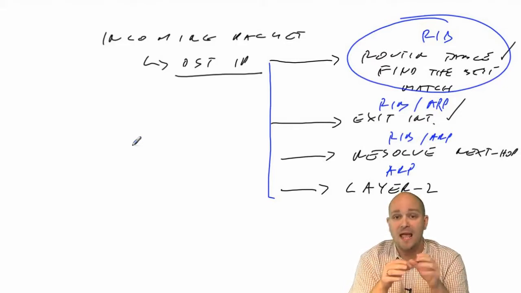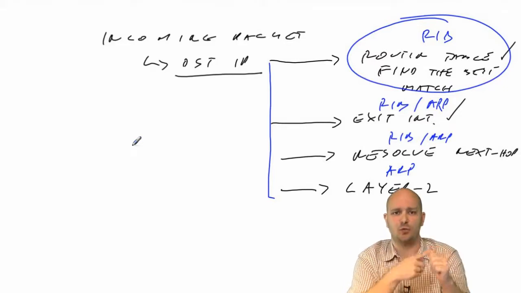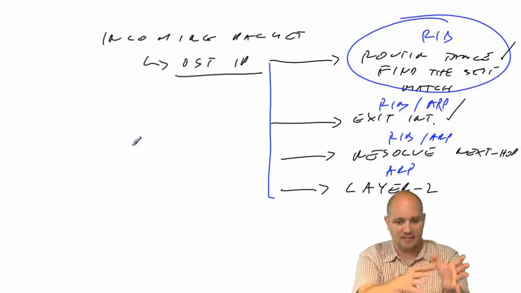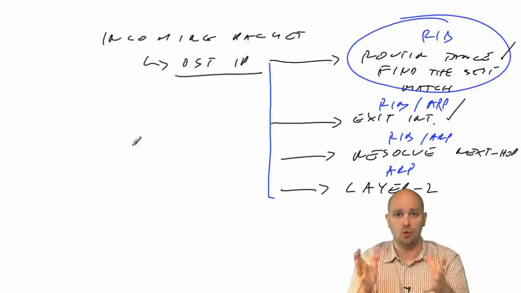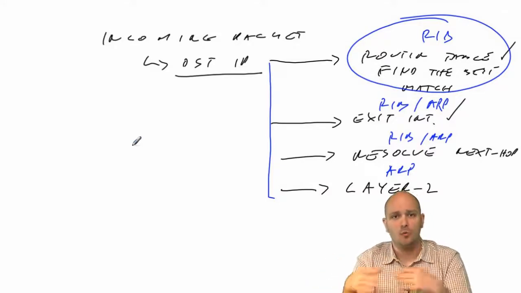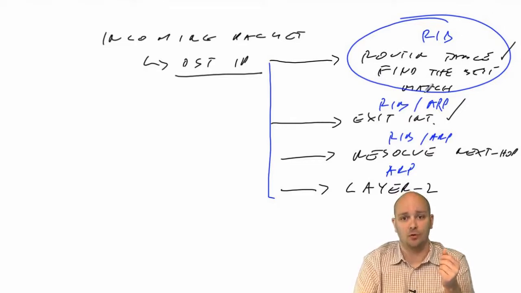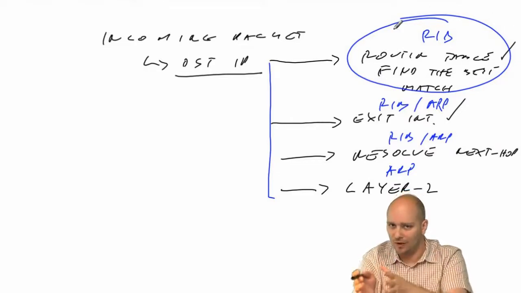Now, you may think that these are just semantics, but this is actually a very, very important concept. Why is it important? It's important because when we say switching, we somehow immediately imply in our heads, okay, this is layer 2 information only in use here. If we say the packet is being routed, we are immediately going to be thinking, there needs to be a routing table involved here. We need to perform lookups in our routing table.